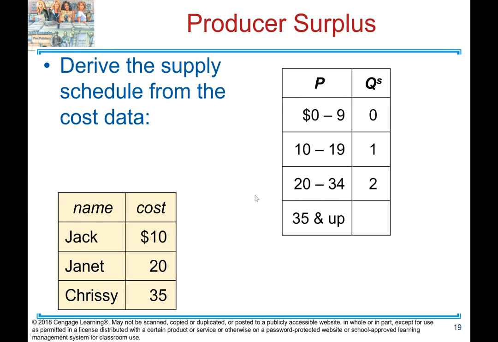When the price is increased to 20 to 34, Janet will join the market. Janet will say, okay, I will also cut your lawn. So 2 services will be offered. When the price goes to 35, even Chrissy would get into the bidding war.